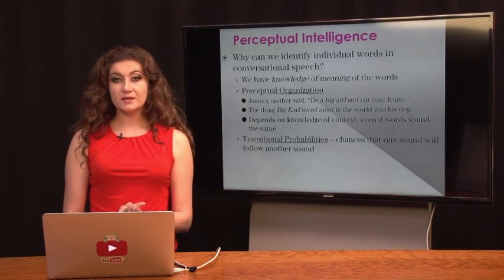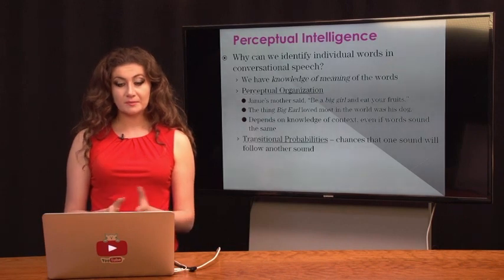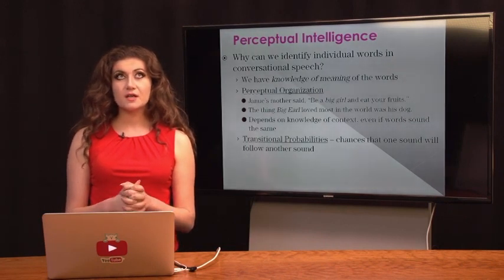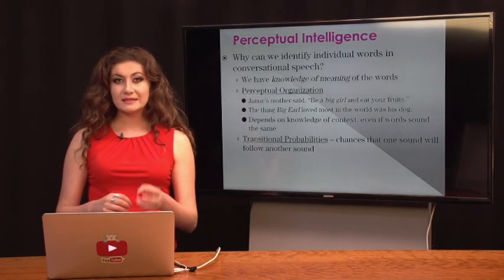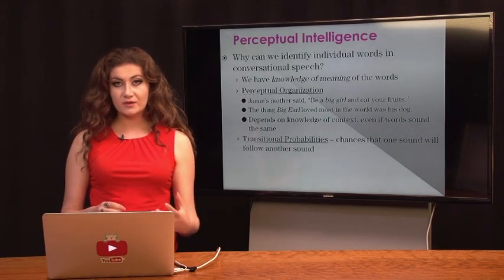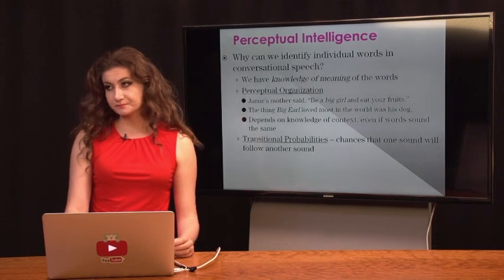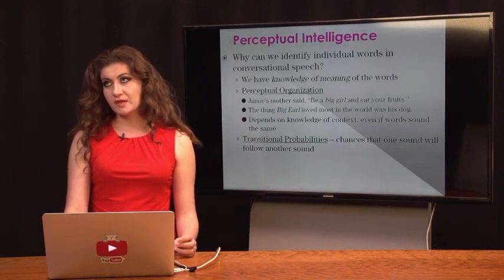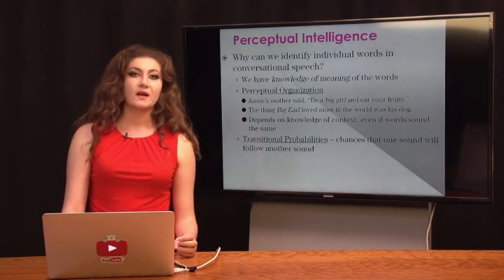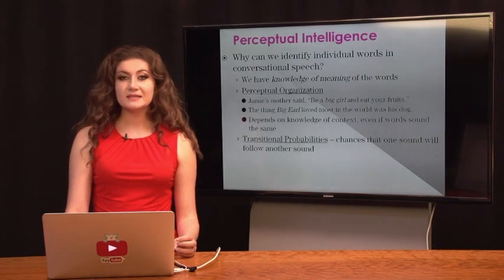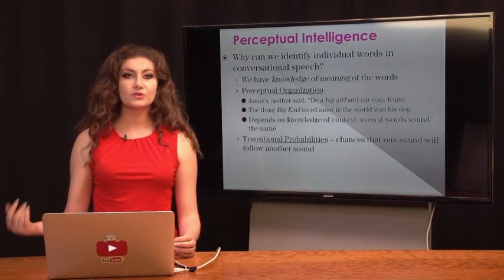Further, we understand that languages have transitional probabilities, which means that there are particular sounds and letters that will follow another sound when we're learning a language. So for example, you know that a lot of adjectives will end in the letters OUS.